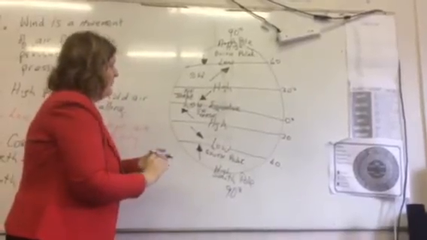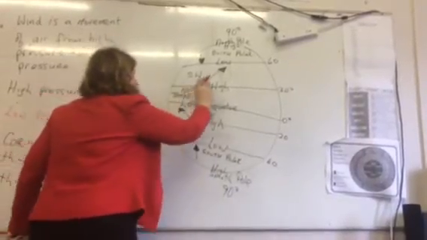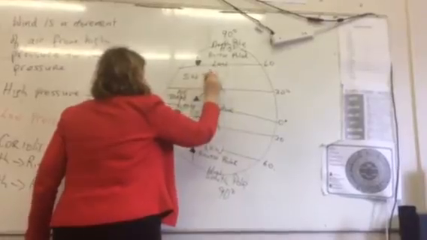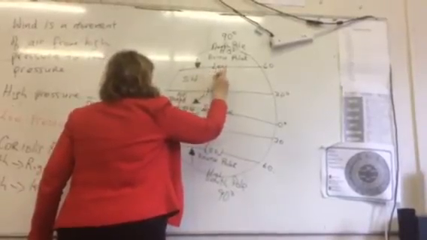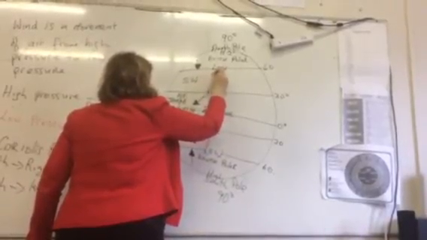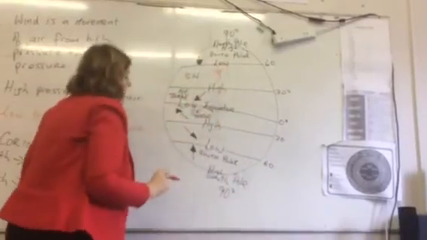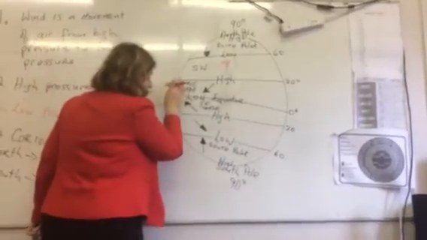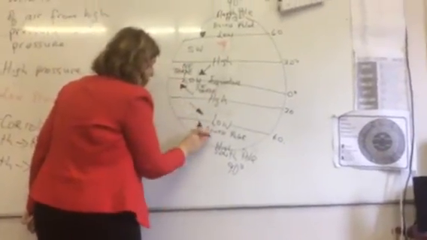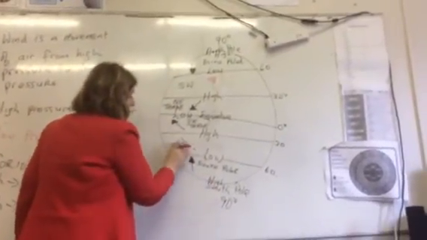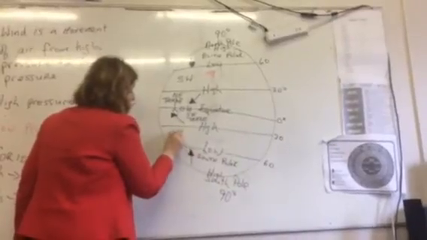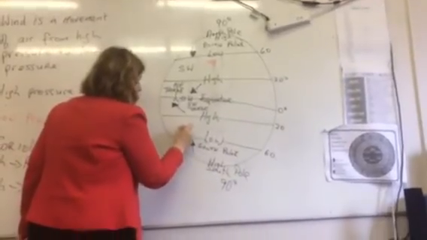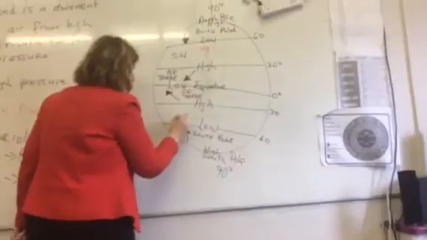They're warm winds. So the southwest wind is a warm wind. It raises the temperatures of the land that it blows over. Likewise, this wind here is blowing from the direction of the equator towards the poles. And it is a warm wind, and it raises the temperatures of the country that it's blowing over.